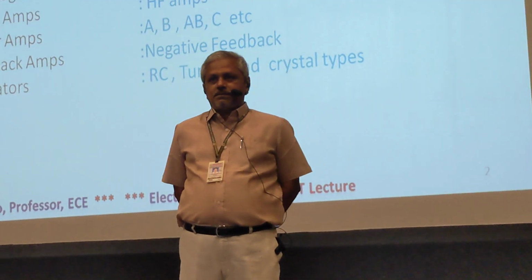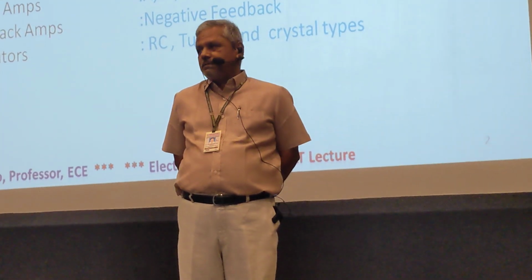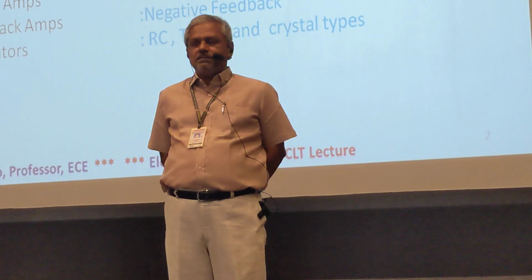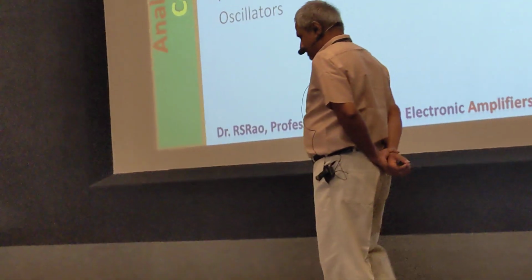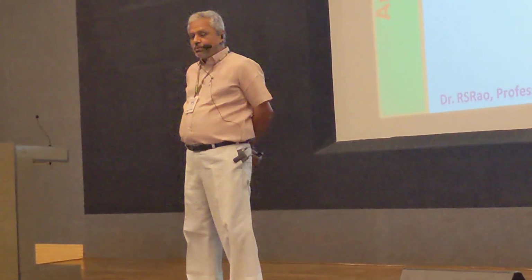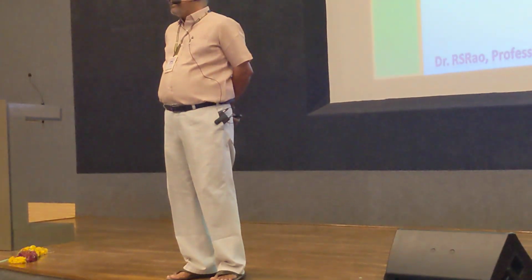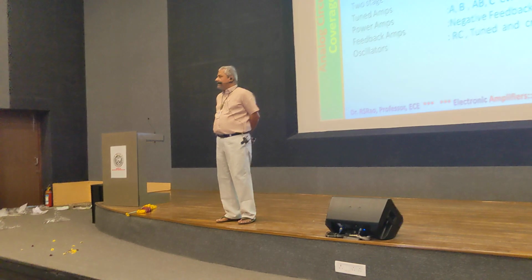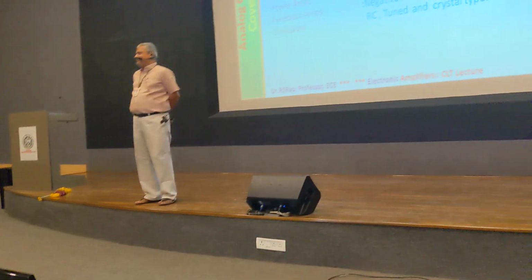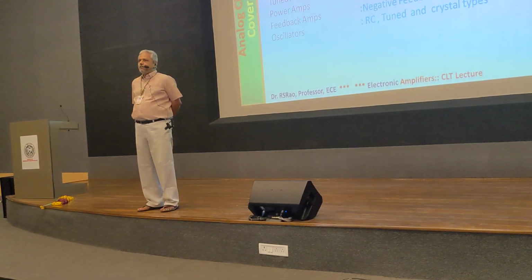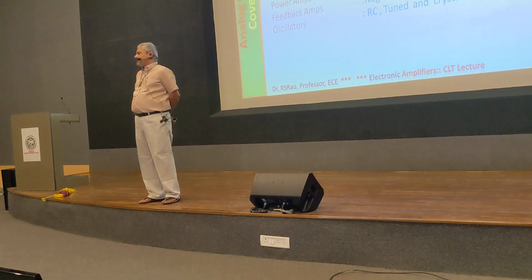Two antennas. Radio communication means 99% of the time two antennas, a transmitting antenna and a receiving antenna. Now, tuned amplifiers are invariably used immediately after the receiving antenna.